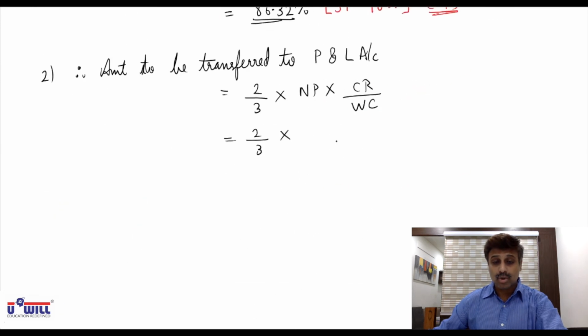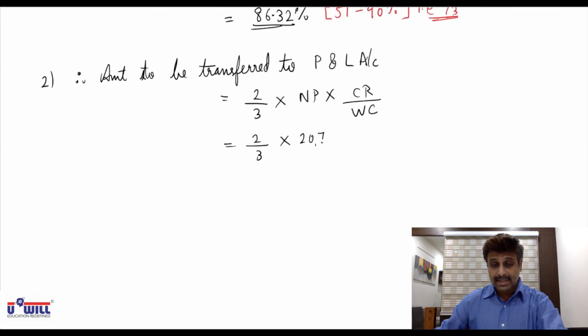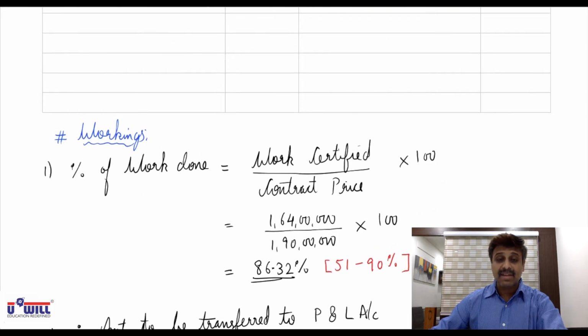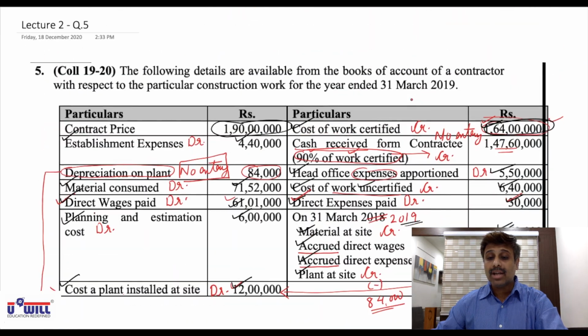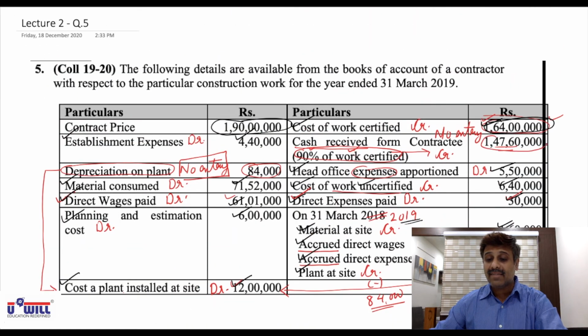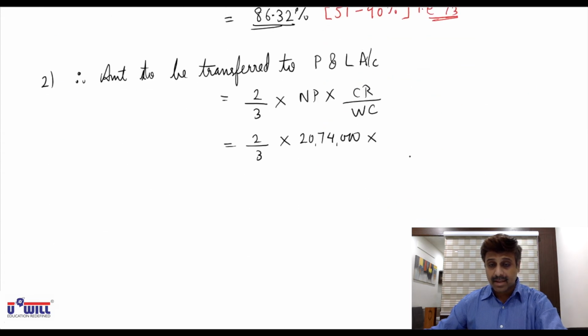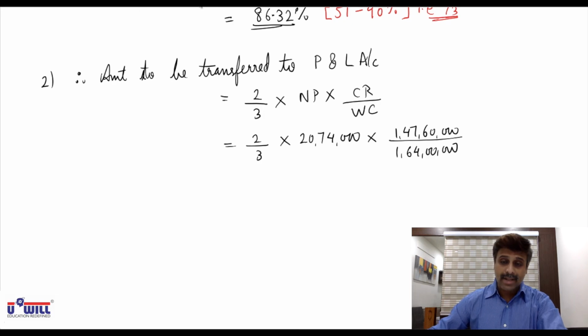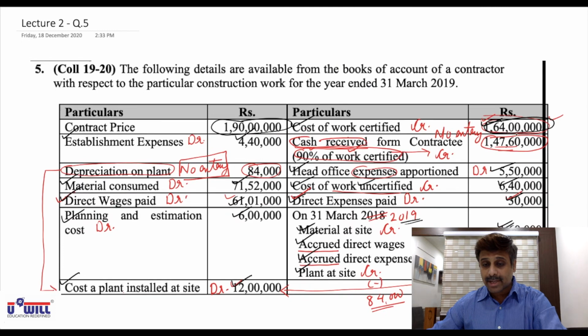Okay. So 2 by 3 into 20 lakh 74,000 into cash received upon work certified. Now you all can either do 1 crore 47 lakh 60,000 is the cash received upon 1 crore 64 lakhs is the work certified. Or else, just listen carefully.